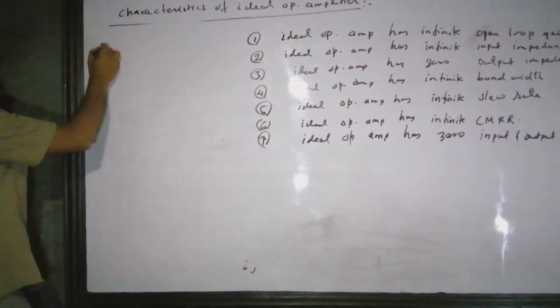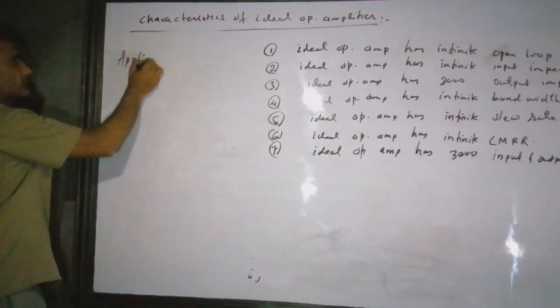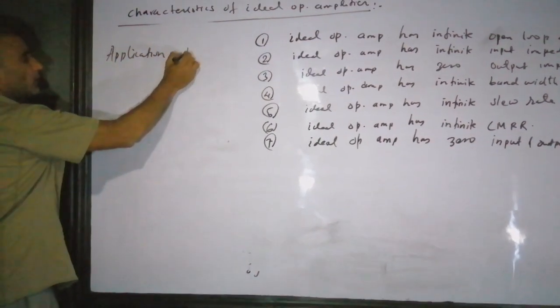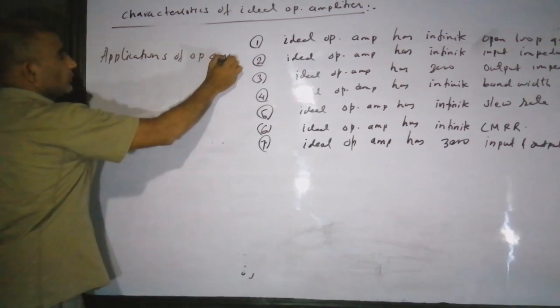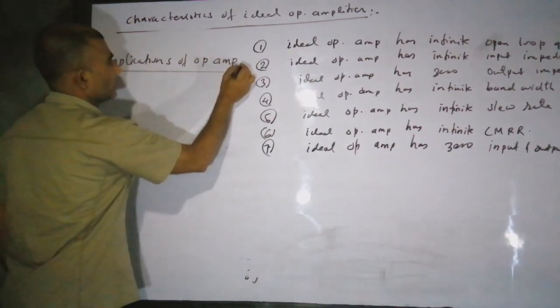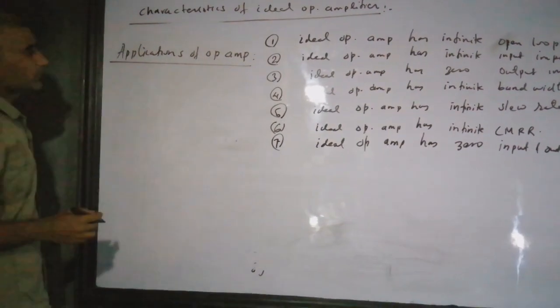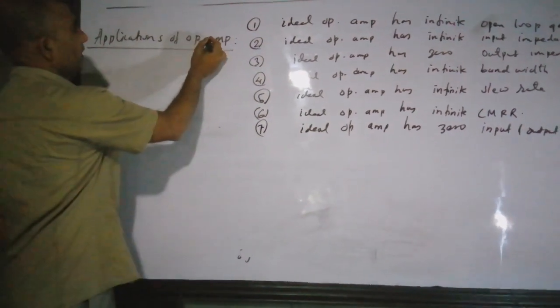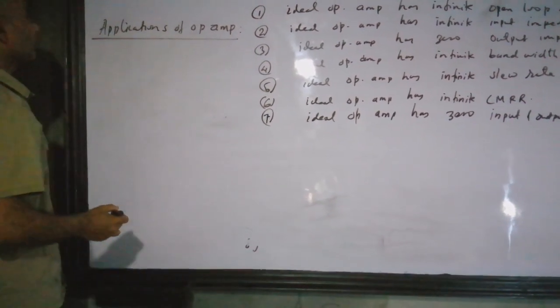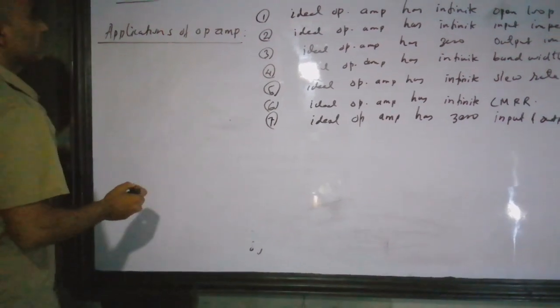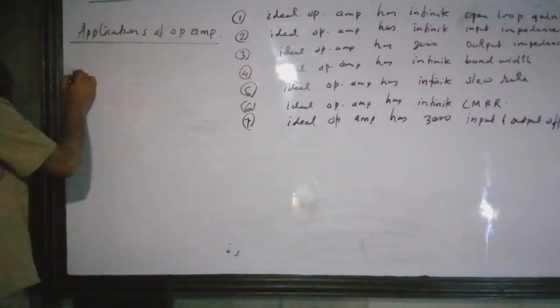Now applications of op-amp. So where do we use this operational amplifier? I told you it has a variety of uses, and almost every part of analog electronics uses this operational amplifier. Some of them I'm going to list here.